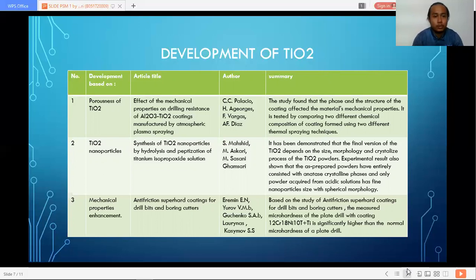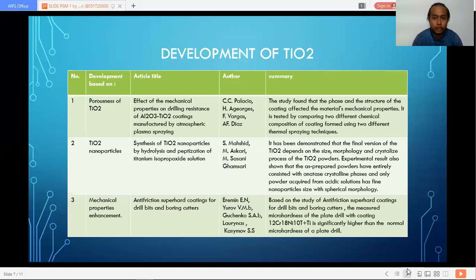Number two, for the literature on development of titanium dioxide powder or titanium dioxide nanoparticles, the article is named Synthesis of TiO2 nanoparticles by hydrolysis and activation of titanium isopropoxide solution by S. Mashid and his colleagues.